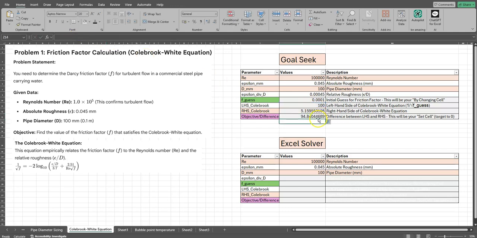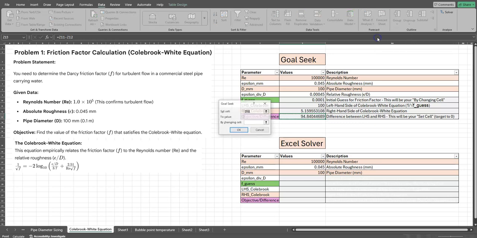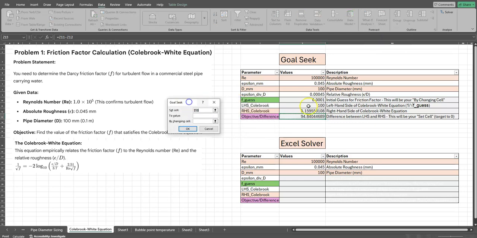Now enter. To use Goal Seek, I go to Data, What-If Analysis, Goal Seek. Here the set cell is this, to value 0, by changing this cell F. Now you can see the difference between LHS and RHS is the set cell.